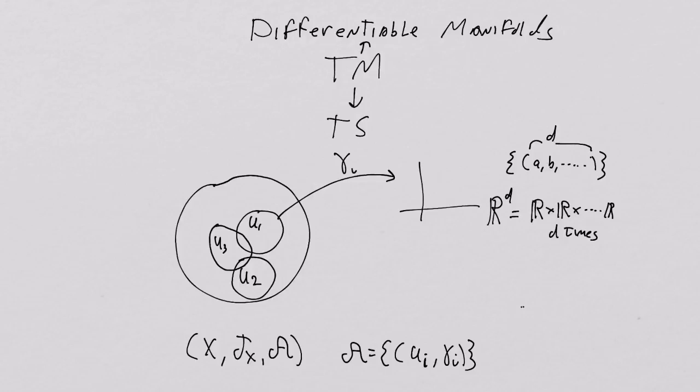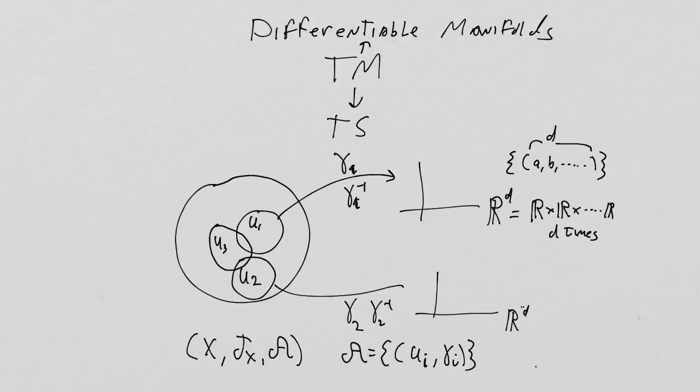They're continuous in both directions. Gamma I is continuous and gamma I inverse is continuous. In this case, the way I've drawn it here is gamma 1. And likewise, each chart region has its own map. So gamma 2 and gamma 2 inverse goes to a different RD.